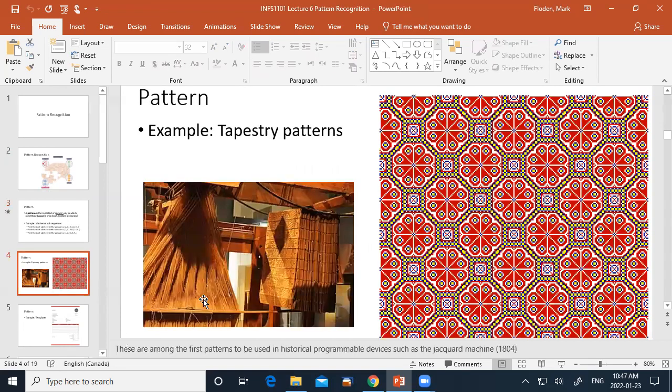So for example, we actually put patterns into our clothes. And one of the things that we talked about in an earlier lecture was the Jacquard Loom. The Jacquard Loom is using these special sort of bits of wood or something, but they have holes in them that are in a pattern. And the pattern of the holes was used to program the loom so that the right strings were pulled down at the right time.